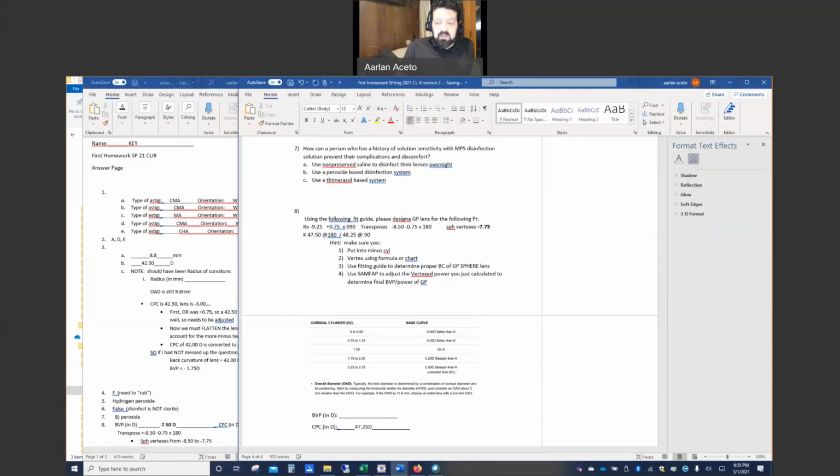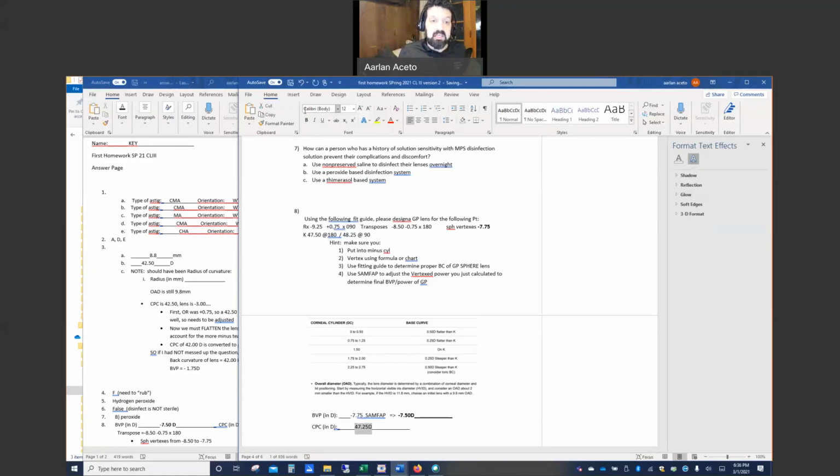We vertex it, so it should be a minus 7.75, but we went a quarter flatter. Flatter add plus. So it's going to be a 7.50. And that's my answer. The back vertex power I would order for this person to see well is a 7.50 with a CPC of 47.25.